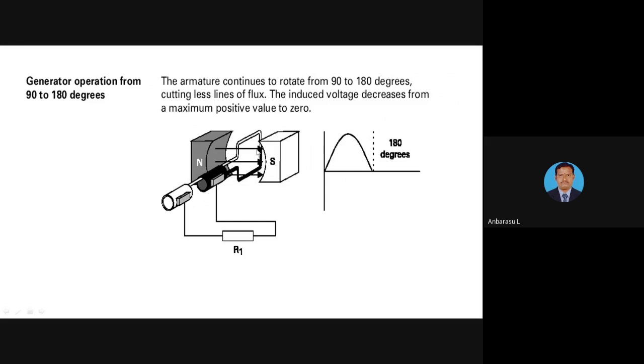Previously it moved towards the south pole, which gave a positive EMF. Now the same black color conductor is moved towards the opposite pole, the north pole. Here the induced EMF is increasing but in the reverse direction.